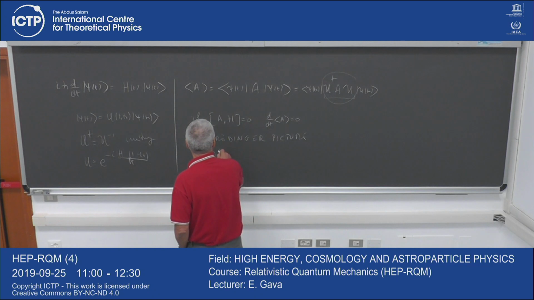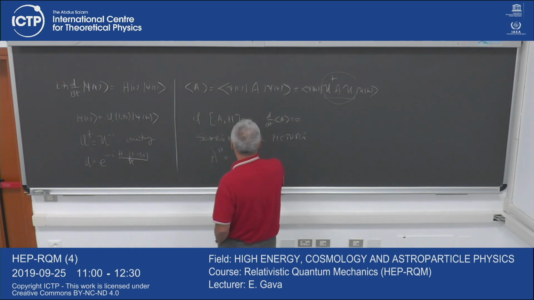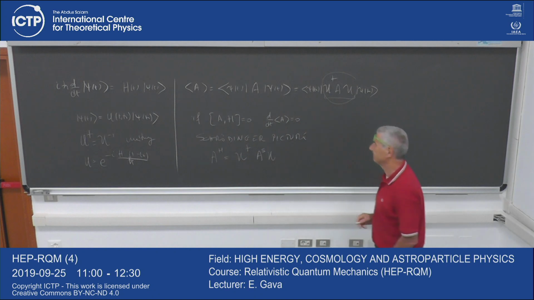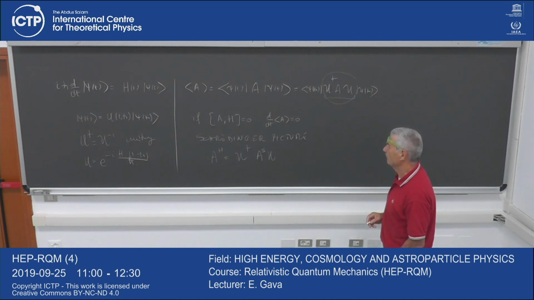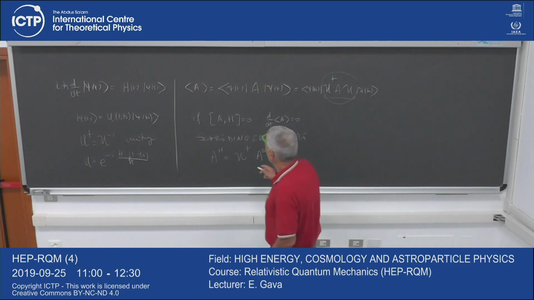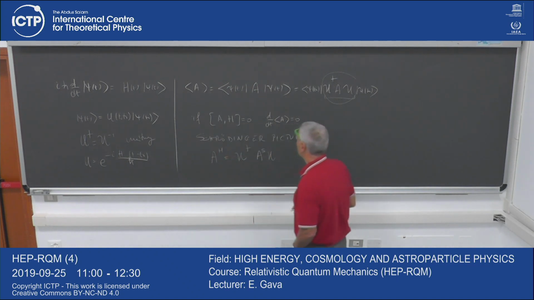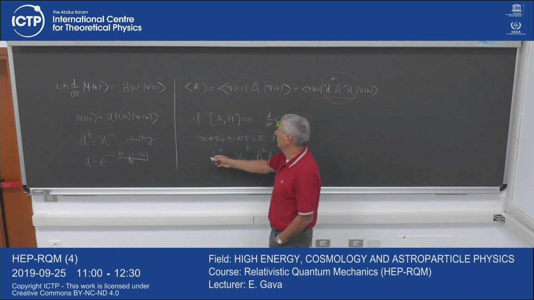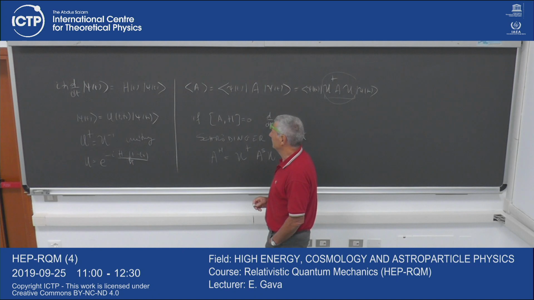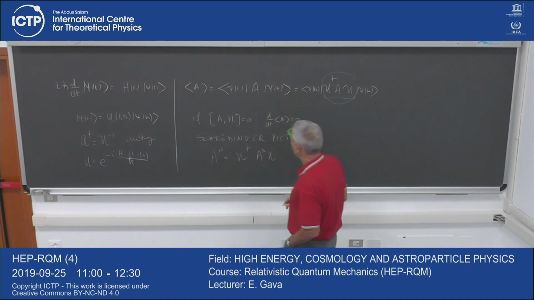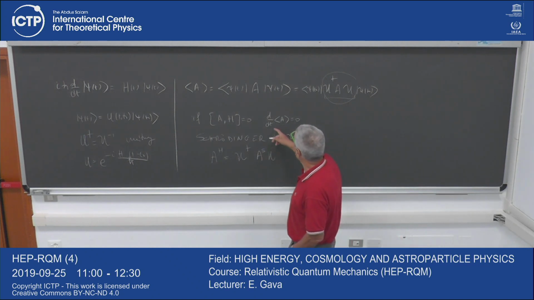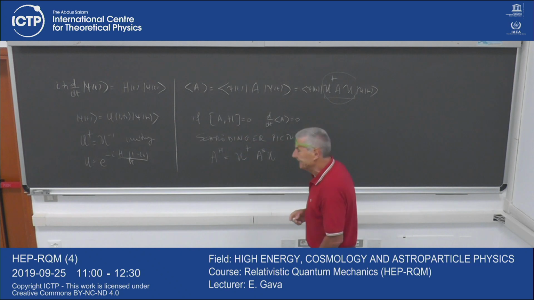I define A of H, which is U dagger, A, let me call it S for Schrodinger, U. If you have U, you can compute this, and you will generically have a time-dependent operator, in the case where A does not commute with the Hamiltonian.